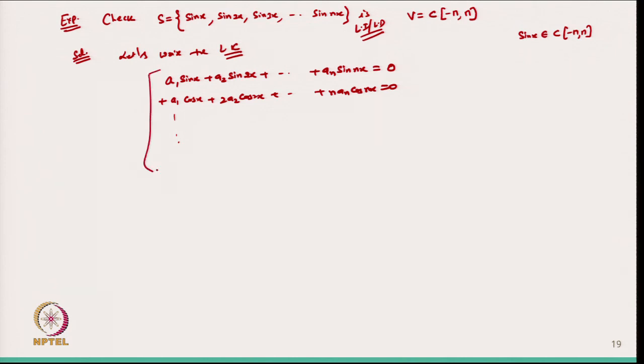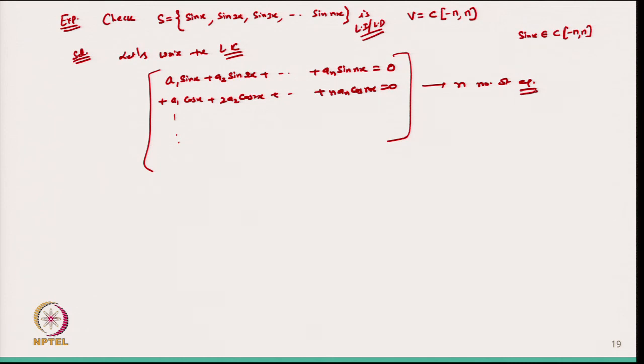So, I will get this type of set of equations, and from there we are going to have a matrix that is n cross n, since we will have n number of equations.